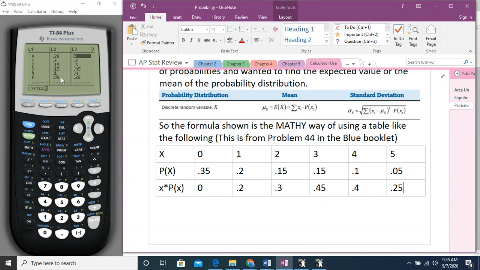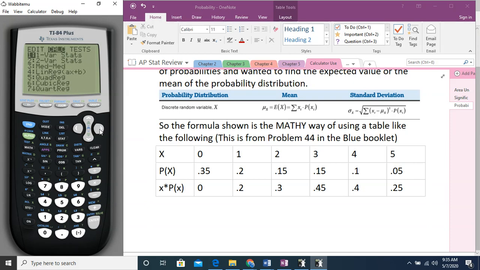So now all I have to do is go to Stat, Calc, 1-Var Stats, L3. I have no frequency list, so I leave that blank, and I click Calculate. If you have a TI-83, you would just put 1-Var Stats and put the L3 at the end of it.